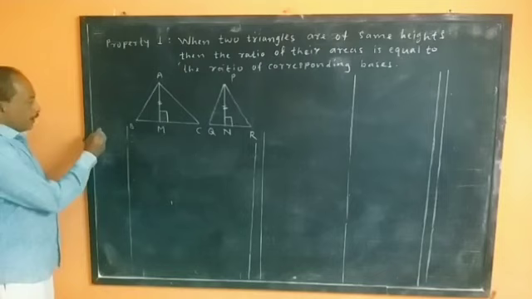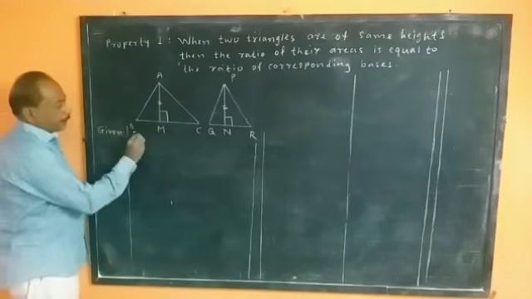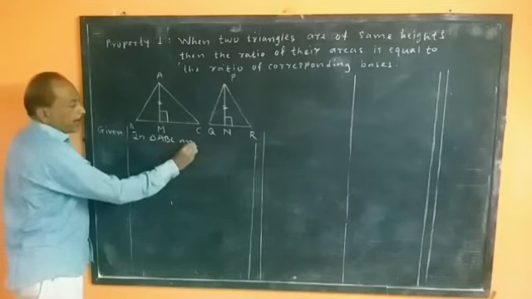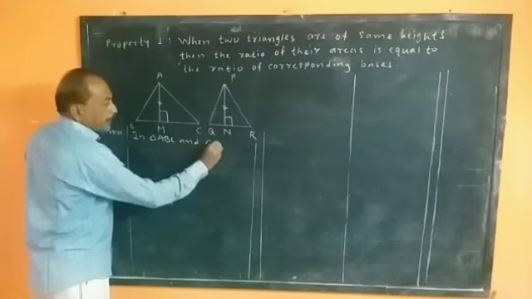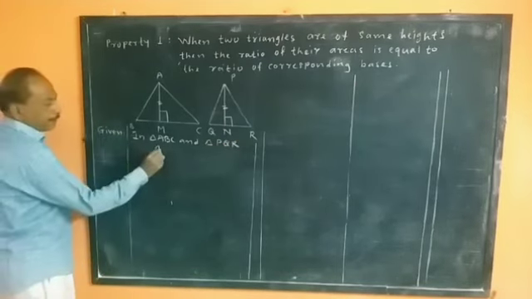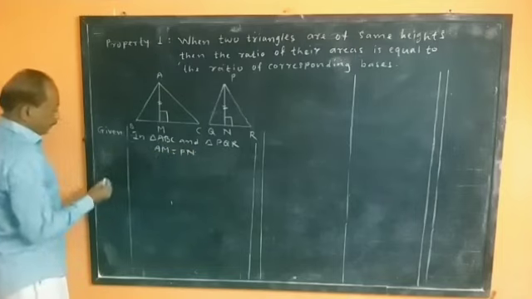We can write given as: in triangle ABC and triangle PQR, heights are the same, AM equal to PM.